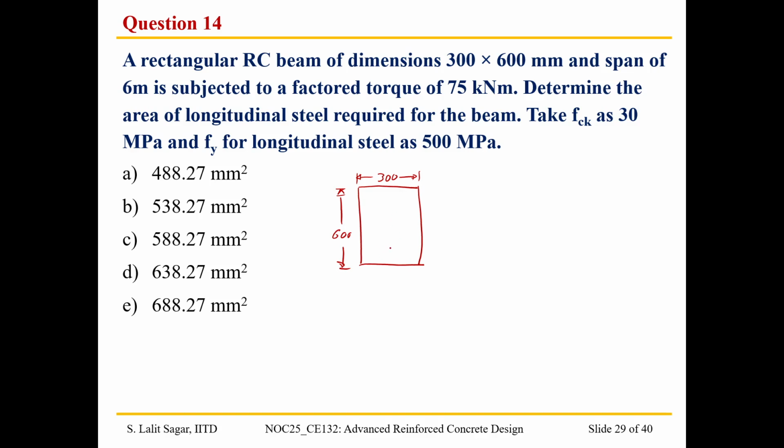We need to determine the area of the reinforcing steel. So take fck as 30 MPa and fy as 500 MPa. Please note that this fy is for the longitudinal steel. Okay. And it is subjected to a factored torque of 75 kilonewton meter. That is, Tu is equal to 75 kilonewton meter.